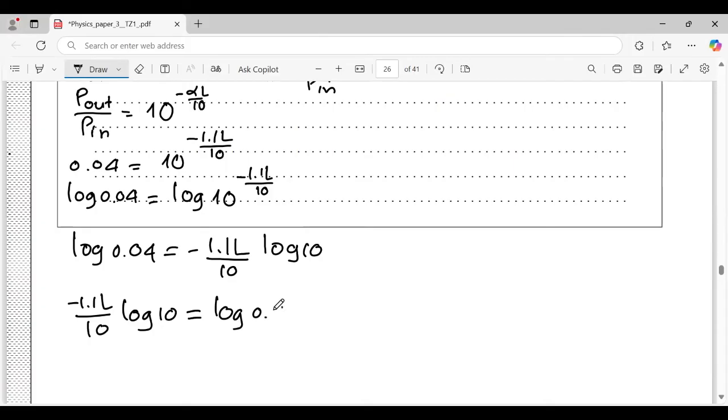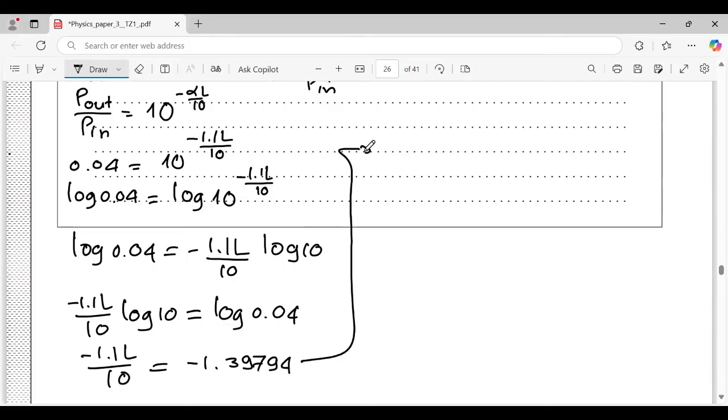Log 10 equals 1. So minus 1.1 L over 10 equals log 0.04, which is minus 1.39794.